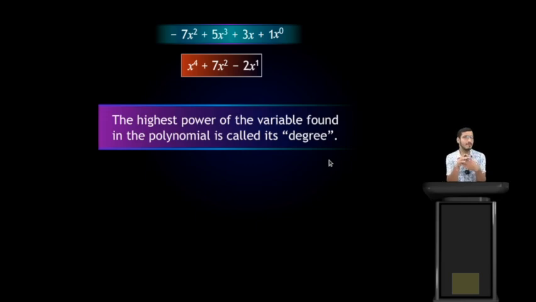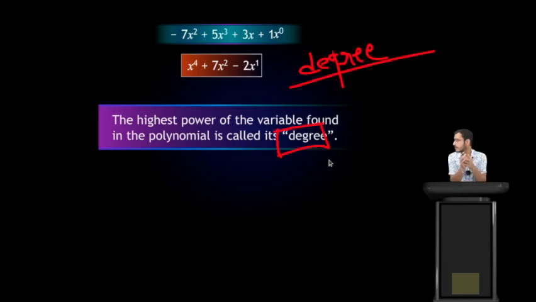The highest power of the variable found in the polynomial is called its degree. Always remember, degree is the highest power of the variable in the polynomial.